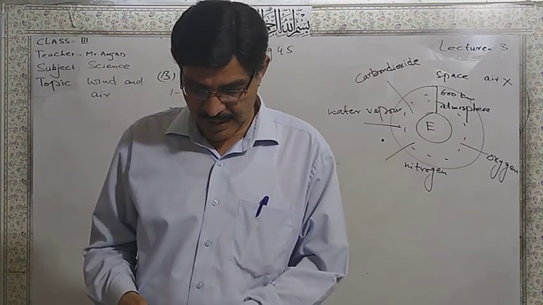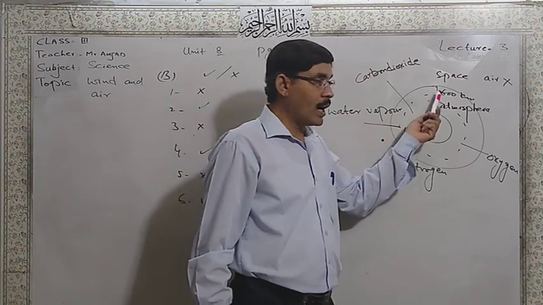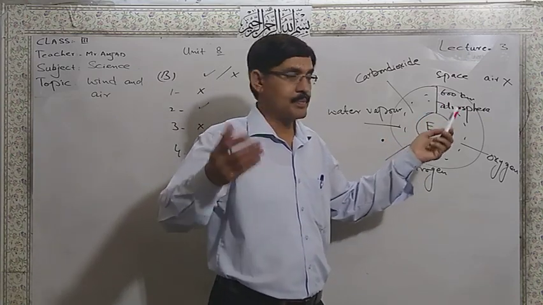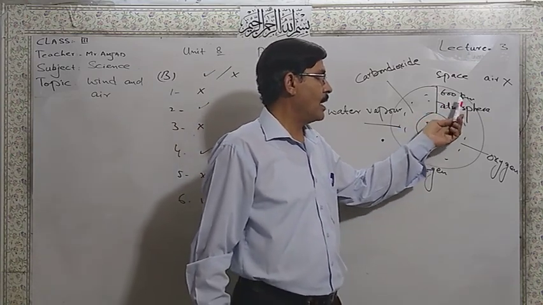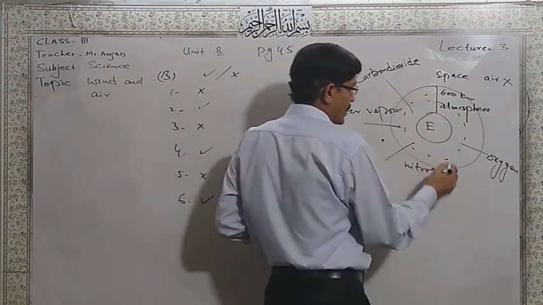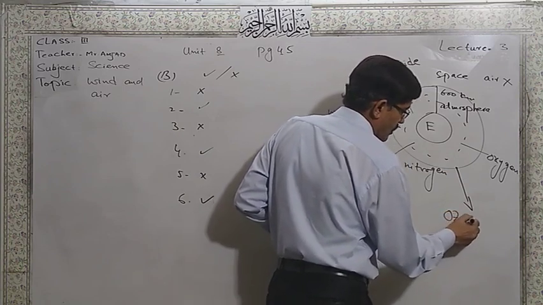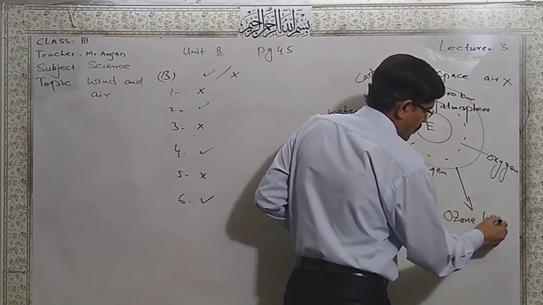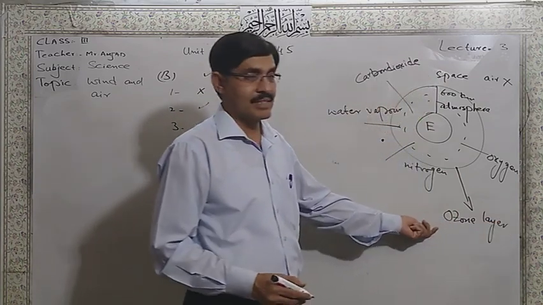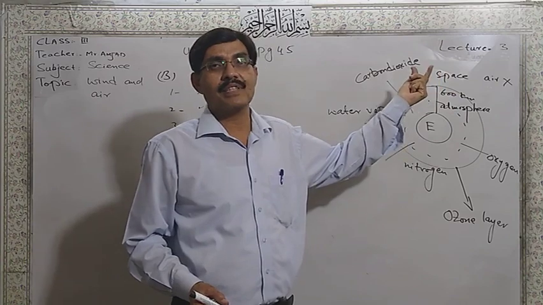The second thing is space. When you go up higher, approximately 600 kilometers, after that there is a cover. This cover is called the ozone layer. The ozone layer protects our earth from the radiation of the sun rays.